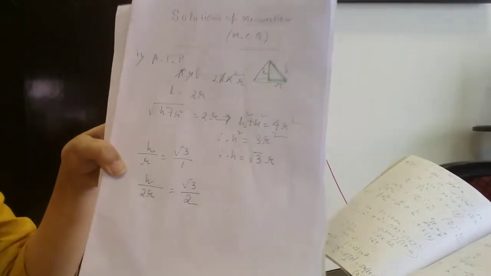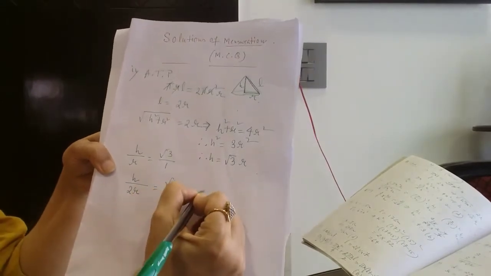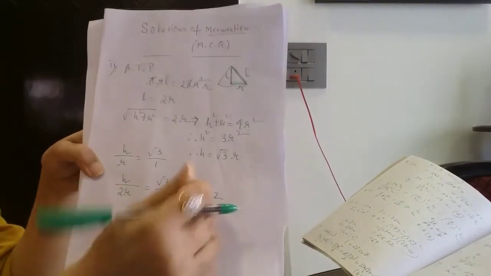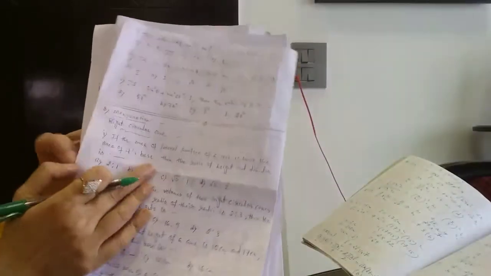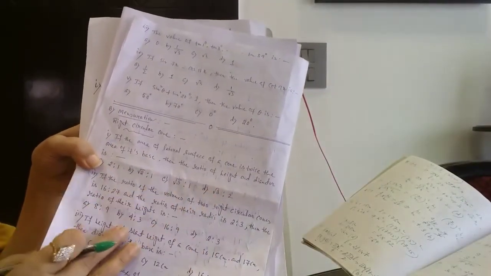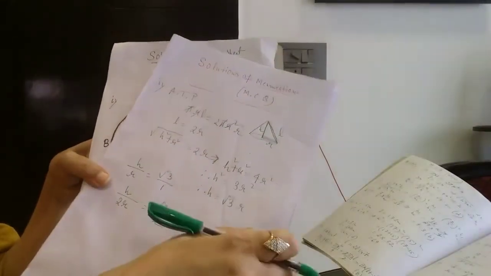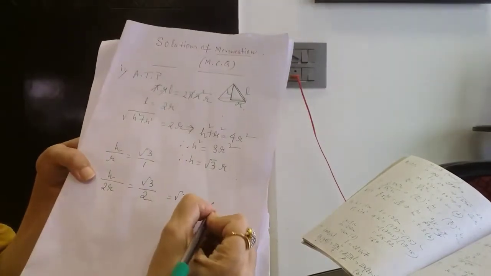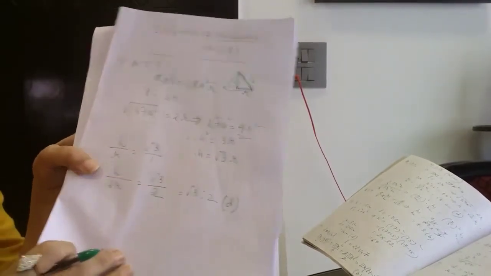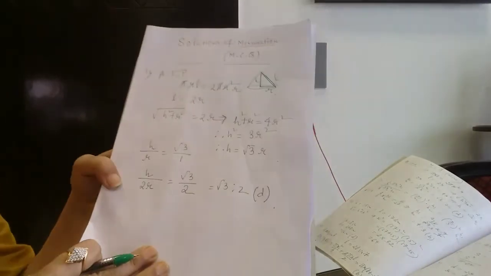Clear? So it is coming root 3 is to 2. Here the option given is D. Option D, root 3 is to 2. Now next one.